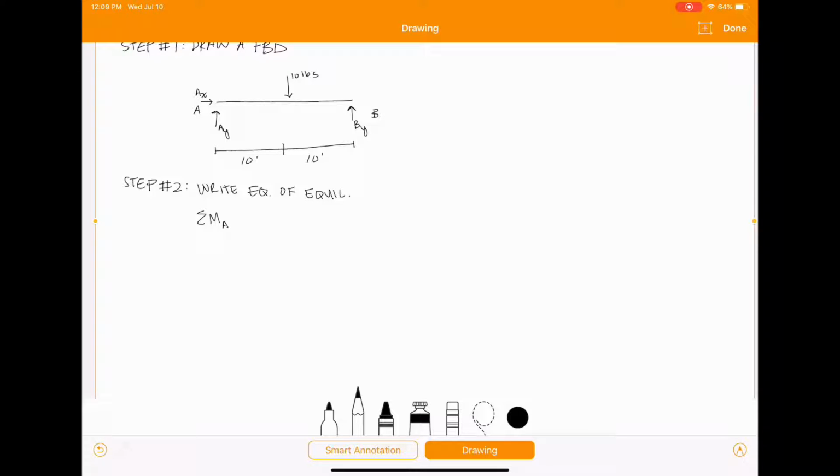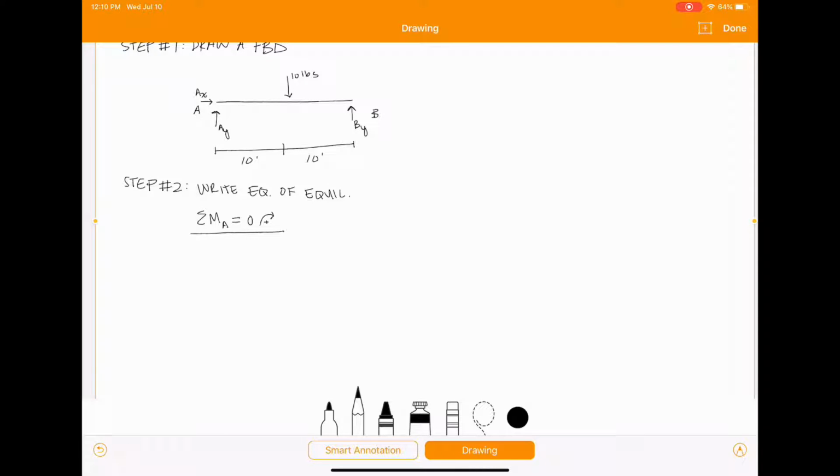So our sum of moments are going to add up to equal 0. And then at this point, you just arbitrarily pick a direction to be positive. You can pick either direction. It doesn't matter, you're going to end up with the same answers. So I'm going to pick going clockwise as being positive. Again, you can pick counterclockwise, that's totally fine.